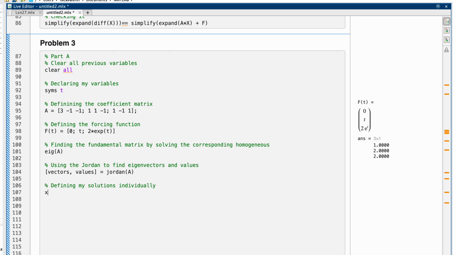So one way I can do it is I can say my solution x1, x1 of t, is going to be equal to the vectors, the first vector that I output.